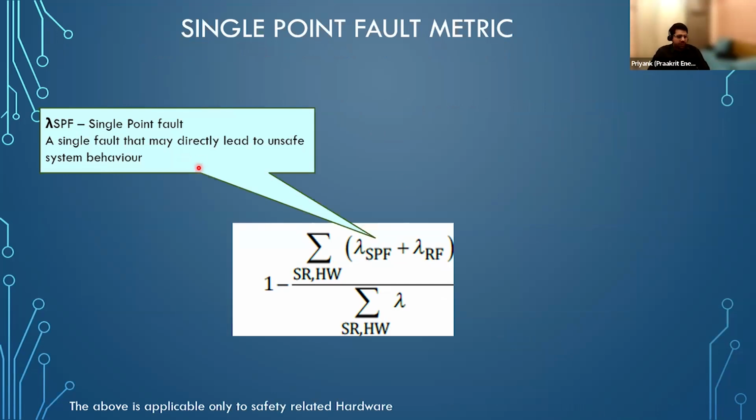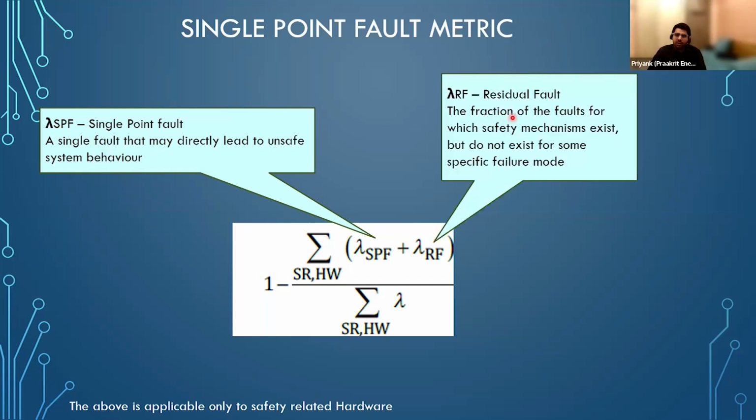Lambda stands for failure rate, and lambda SPF stands for single point fault, which means a fault in one of those components that may directly lead to an unsafe system behavior, in this case, the regenerative braking system. And lambda SPF means the failure rate, or the probability of occurrence of those faults, which can directly lead to unsafe system behavior.